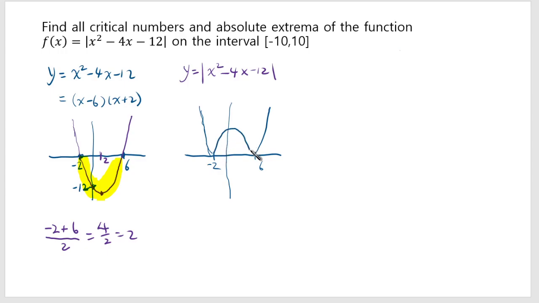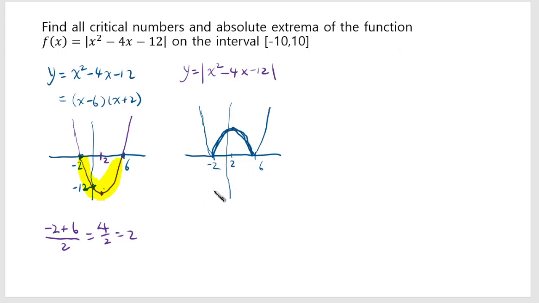So you have this. Furthermore, we also know that the 2 still gives you the point where you have a horizontal tangent line. You flip it, and it will still be a horizontal tangent line.